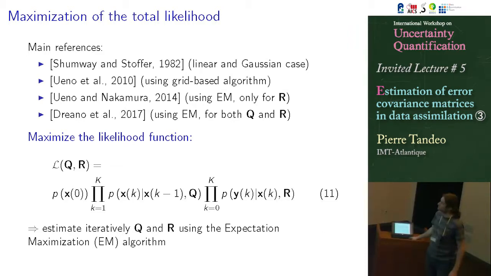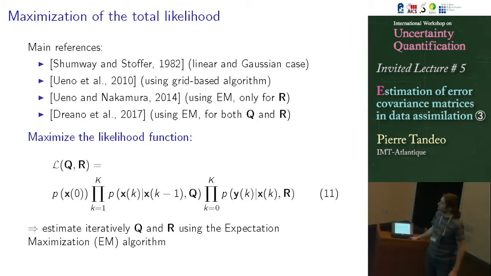So basically, the likelihood function takes into account these two matrices, or two parametrizations of these matrices, and we want to maximize this likelihood. We also have the initial condition, which can be very important in some problems.